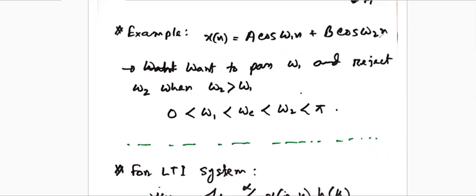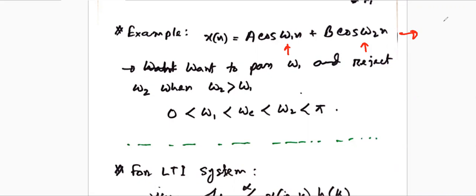From the notation, you can see that we have two frequency components here, omega 1 and omega 2, and they are purely sinusoidal signals with an infinite range of values. If I convert this time domain sequence to the frequency domain, we will get a stem plot.